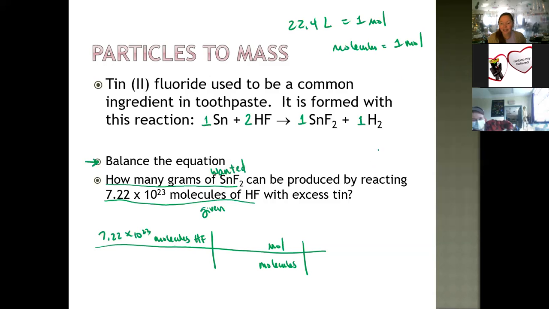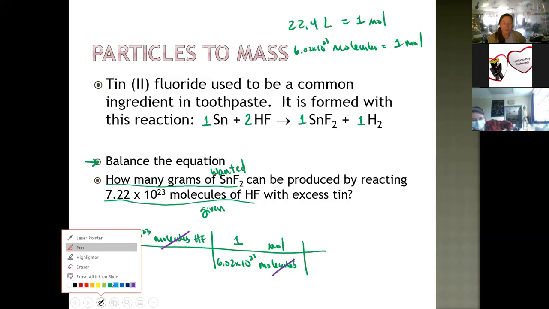Yes, Avogadro's number, perfect. 6.02 times 10 to the 23rd molecules in a mole. So I'm going to put that on the bottom so that molecules goes away. 6.02 times 10 to the 23rd molecules in 1 mole. So now top and bottom, what have we canceled out? Molecules. I have moles of HF. What should we do next?